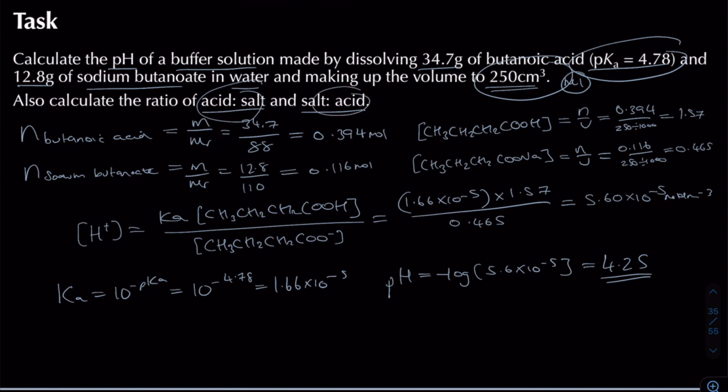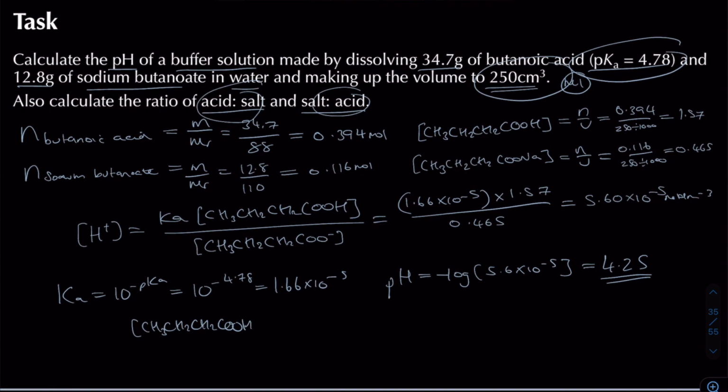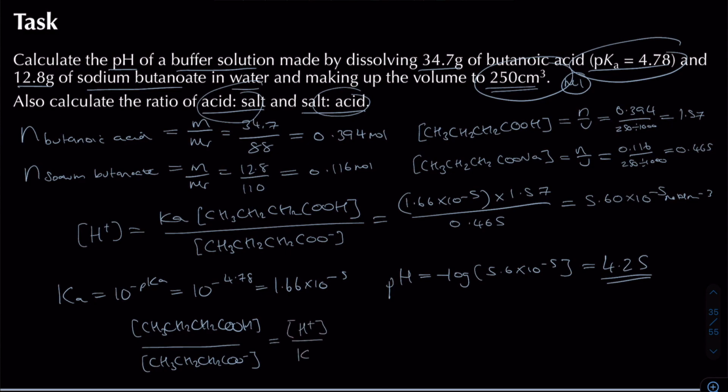And so if I were to look at the concentration of the acid, which is CH3CH2CH2COOH, and then divide that by the actual concentration of the salt itself, which is CH3CH2CH2COO minus, because it's the same as the conjugate base itself, I know that's going to be equal to the concentration of H plus divided by the value for Ka.